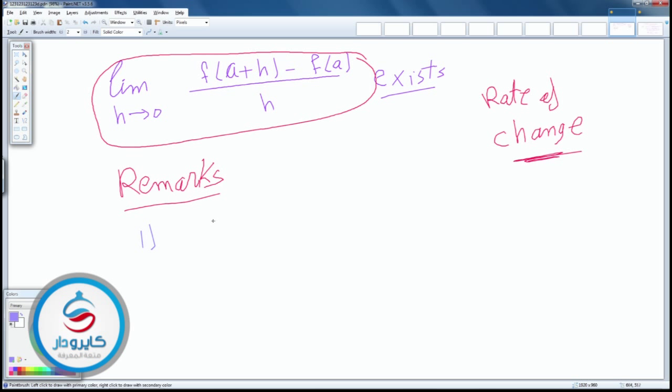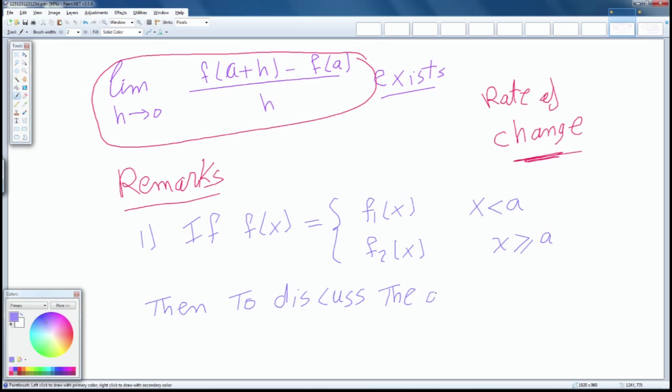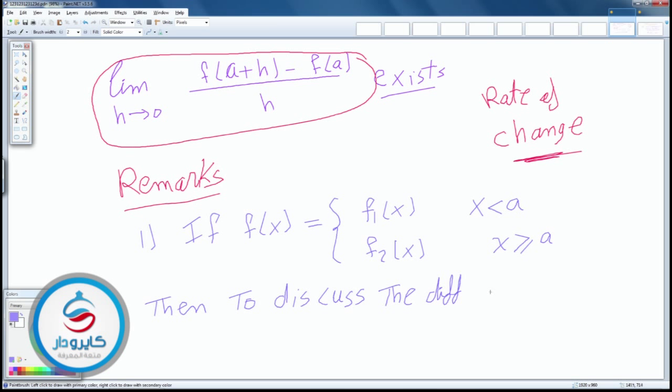Number 1, if f of x equals f1 of x when x smaller than a, f2 of x when x greater than or equal a, then to discuss the differentiability of f of x at x equals a, we find what?